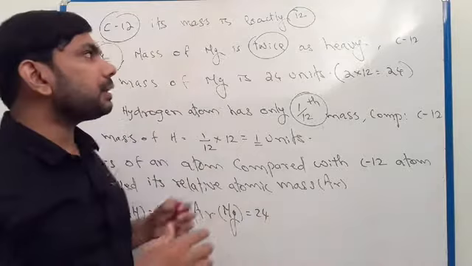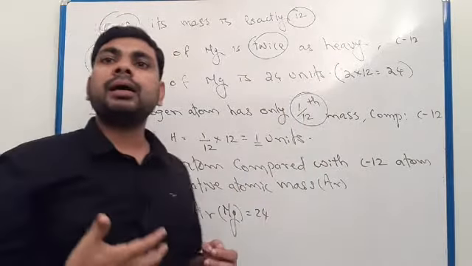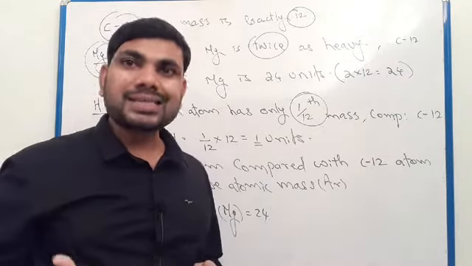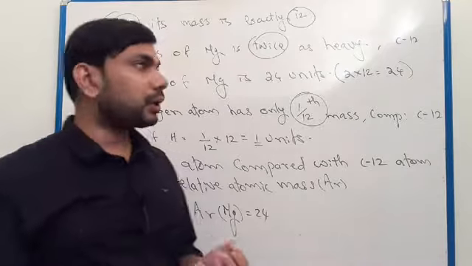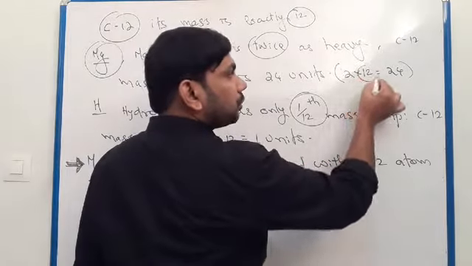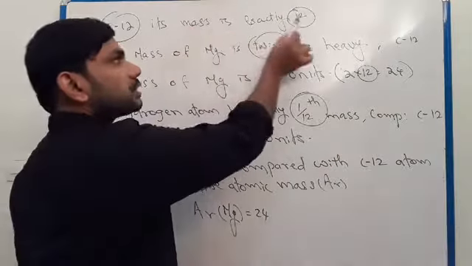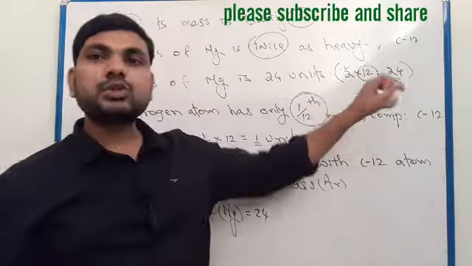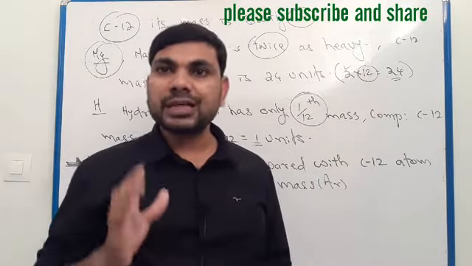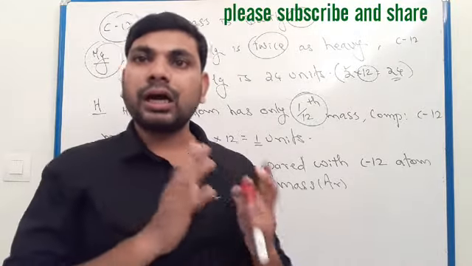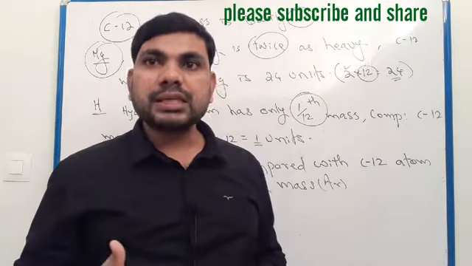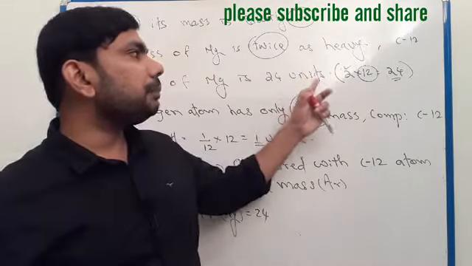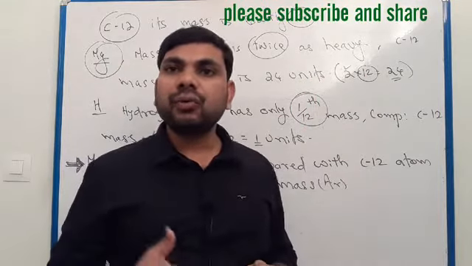You can find that magnesium is twice as heavy as carbon-12. We know the mass of carbon-12 is 12, and magnesium is twice more, so the mass of magnesium is 2 times 12, which is 24 unit.